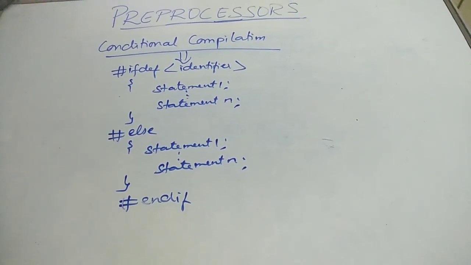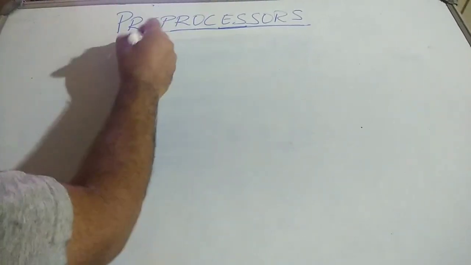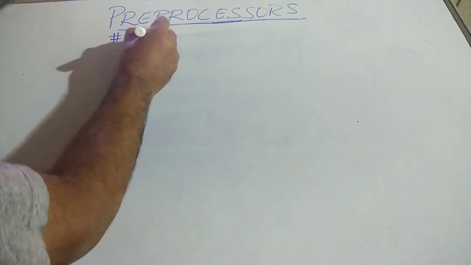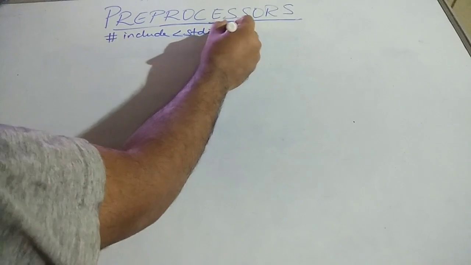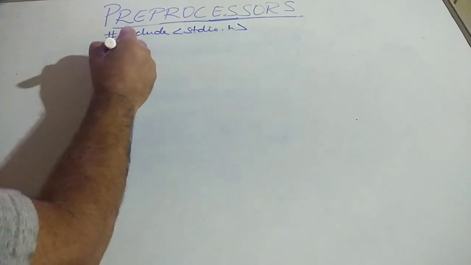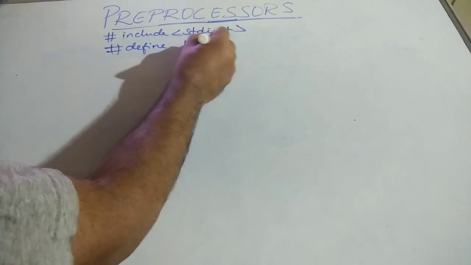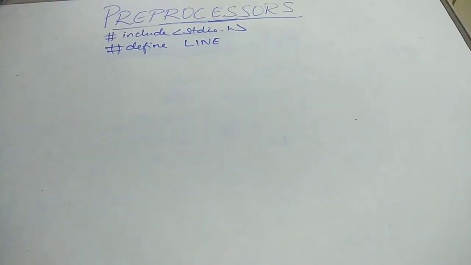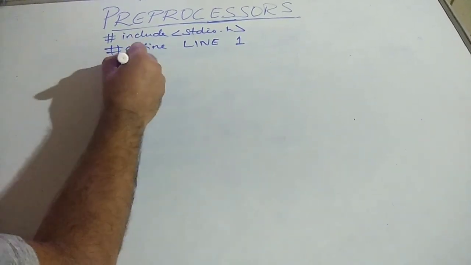Now we'll see a small program on this topic. Right. So first, I will make use of this conditional compilation. I will say #include stdio.h and I will define one macro, #define, I will say LINE. So this identifier LINE will be replaced by the substitution text, that is 1.